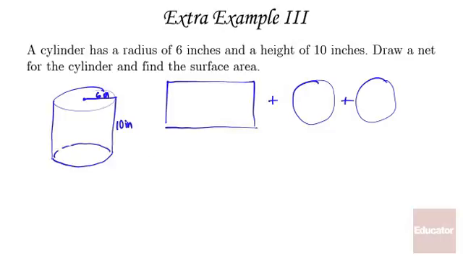Now, remember to find the length here, that's going to be from here all the way wrapping around, which is the circumference. Okay, so that's 2 pi r. The radius is 6, so this is going to be 2 times 3.14 times 6.